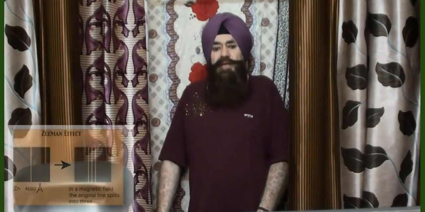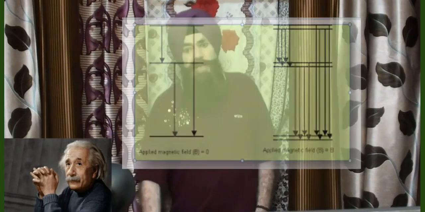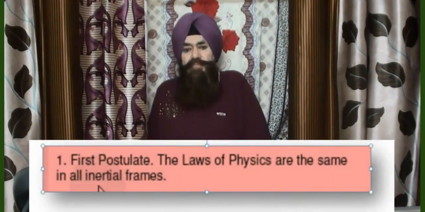The Dutch physicist Lorentz, by the way, shared the Nobel Prize in Physics in 1902 with the great scientist Zeeman for the discovery and explanation of the Zeeman effect. Albert Einstein put forth the theory of special relativity in 1905. The first postulate is that the laws of physics are the same in all inertial frames.